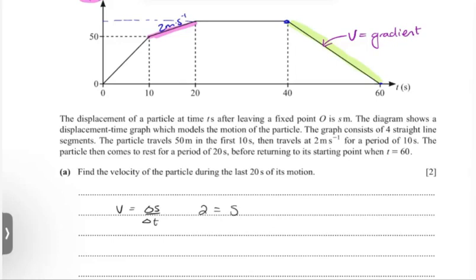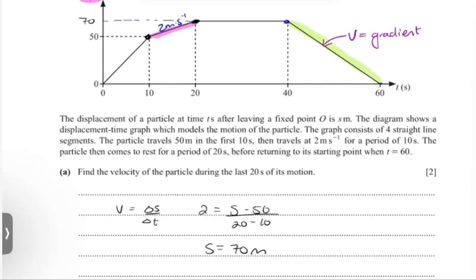So I'm going to call that S, and then I'm going to say S minus 50 over 20 minus 10. So I'm just working out the gradient between these 2 points, and because it's a displacement time graph, I know that my gradient is velocity. Okay, so I'm getting a displacement of 70 meters up at the top here.